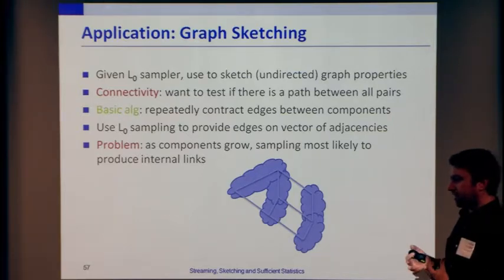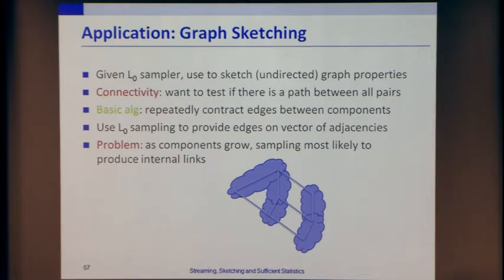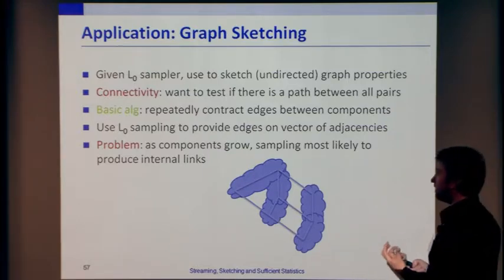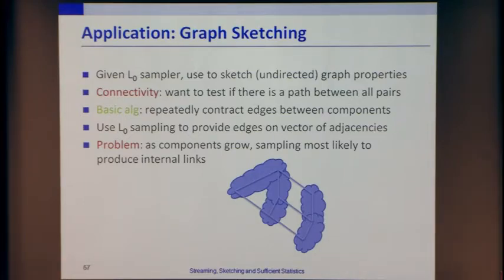I want to say, can we make some sketch, essentially a linear transformation of the adjacency matrix, so that after we've seen all this information, just using those sketches, we can determine connectivity properties of this graph. So it's an undirected graph. Connectivity, we want to test if there's a path between all pairs. In fact, what we're going to do is recover the connected components.